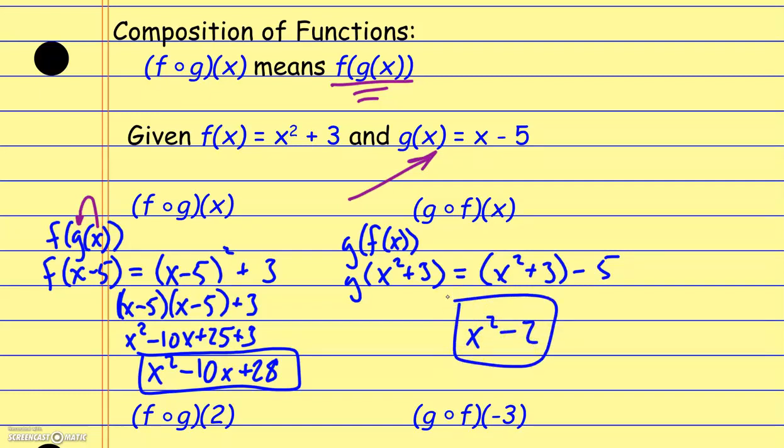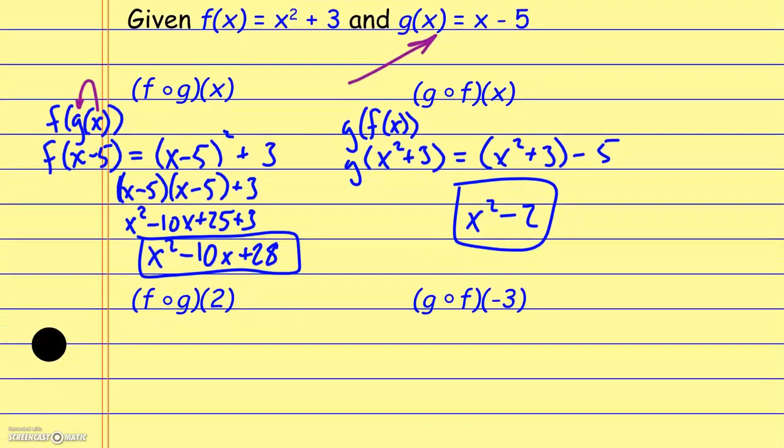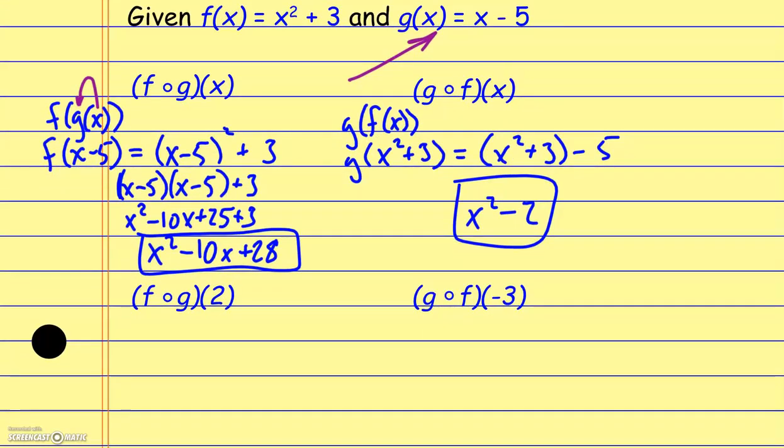I take the x and I plug it into one function, and then I plug that value into the next function. All right? If I look at the next one, this is essentially saying, what would it do if I had f of g of 2 instead of f of g of x? Well, keep in mind that right here, here's f of g of x. Let me rewrite that. F of g of x is x squared minus 10x plus 28.